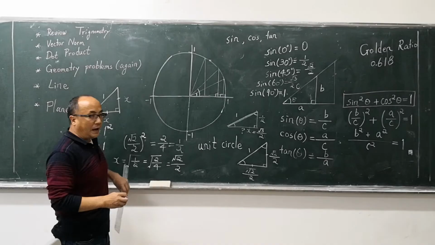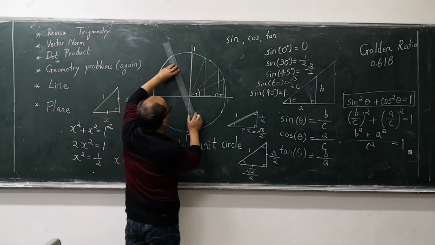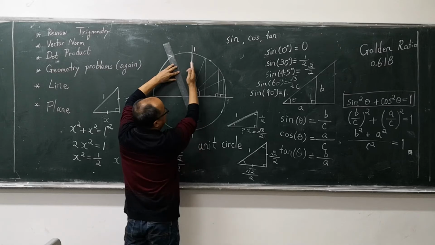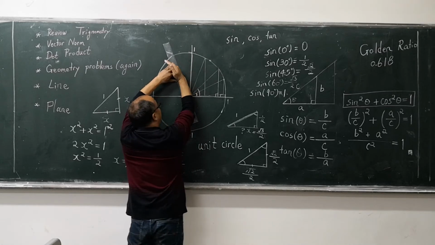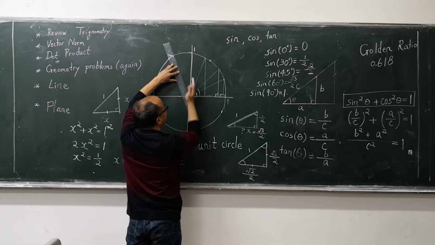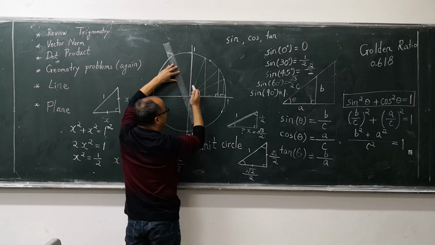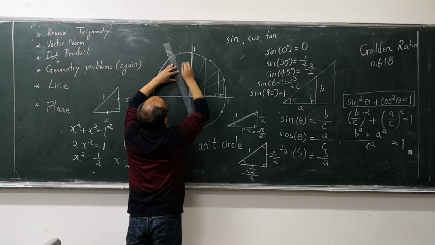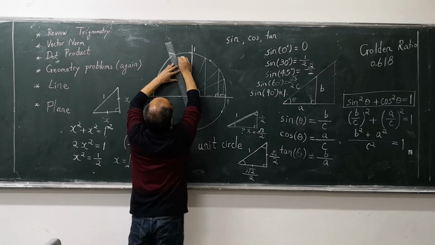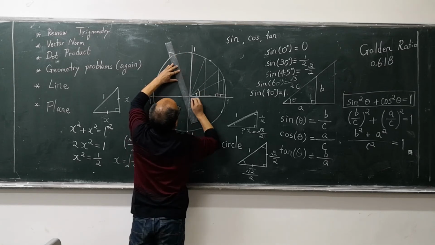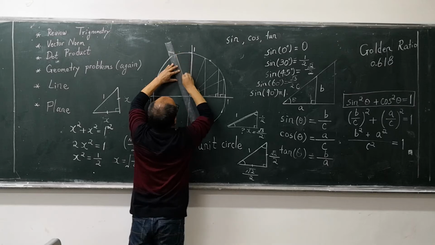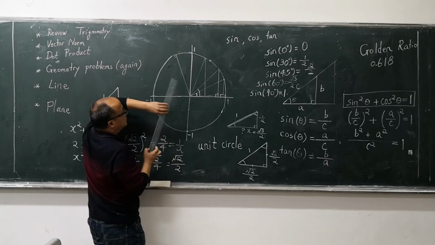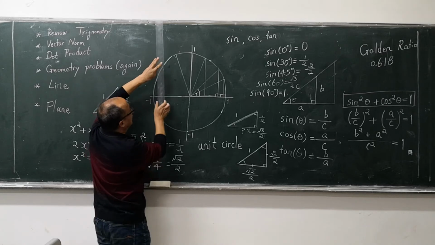Okay. And let me ask you one. This is a 90 degree. If I keep turning another 30 degree, so what is the sine value? Another 30 degree. I'm trying to find it. This is very important.